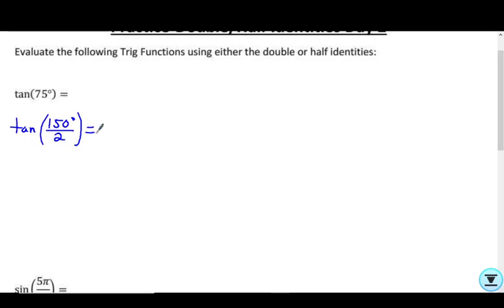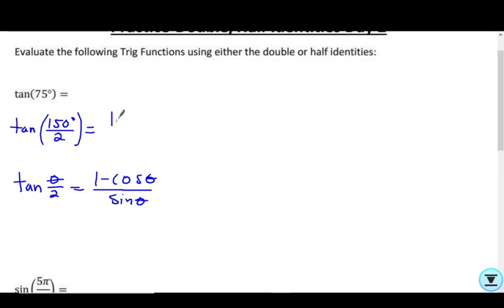Okay, so this is the half angle identity for tangent. Now, the half identity that I like using the best is this one, 1 minus cosine theta over sine theta. That's the one I like using the most, so that's the one I'm going to use.